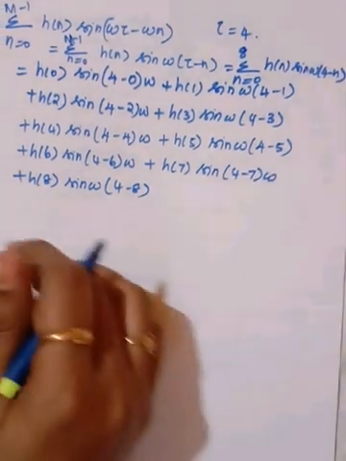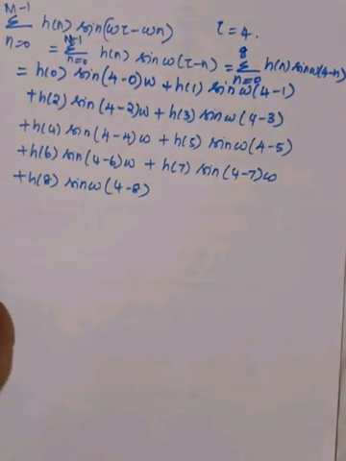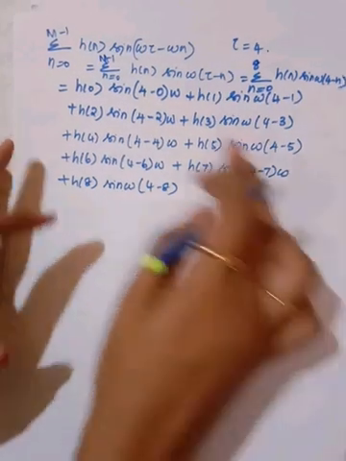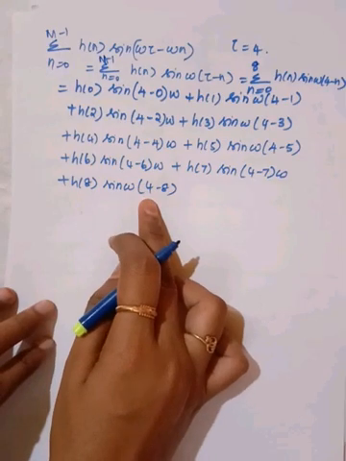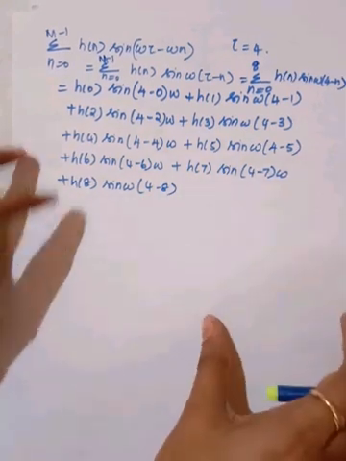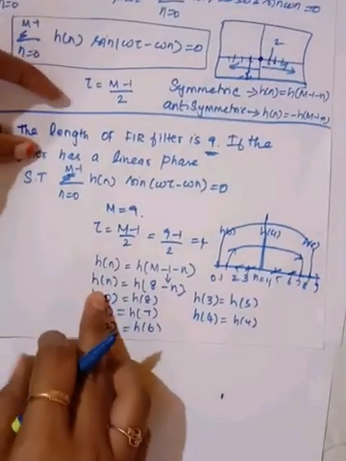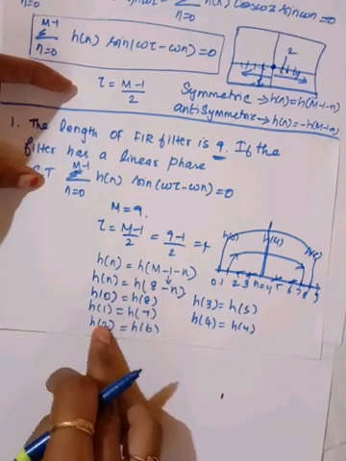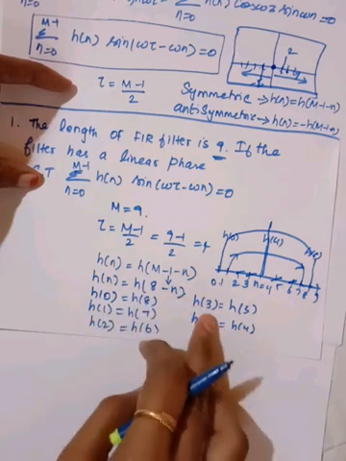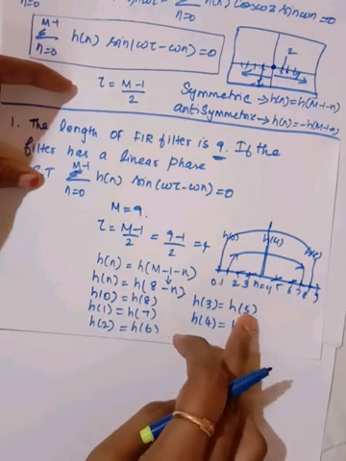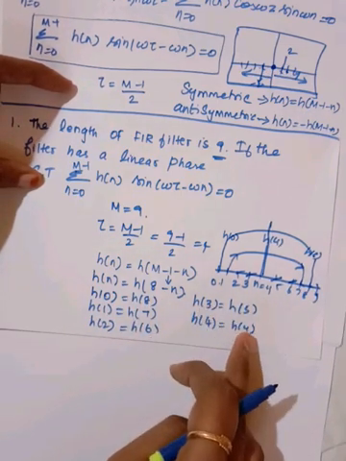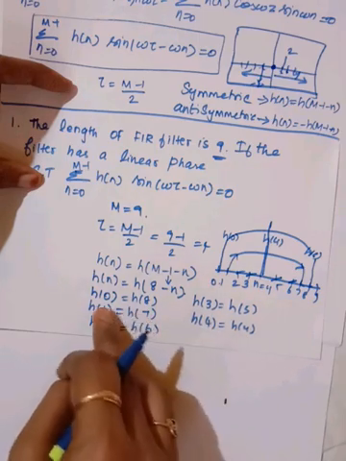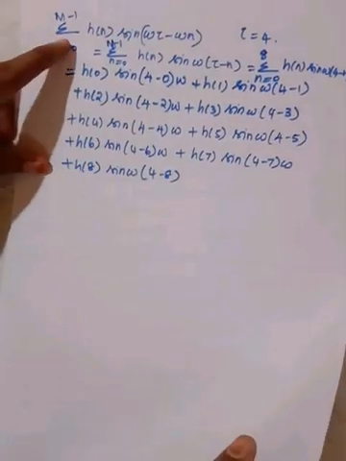Now after substituting these values, I will get this relation. We know that these values are all the same: h of 0 and h of 8, h of 1 and h of 7, h of 2 and h of 6 are the same. Similarly, I am going to substitute h of 3 instead of h of 5 and h of 1 instead of h of 7, and rewrite this equation.